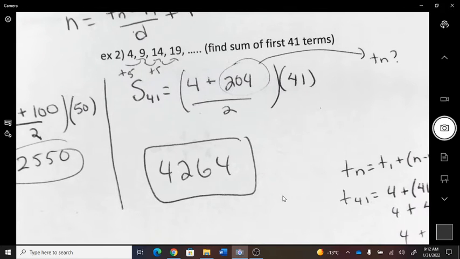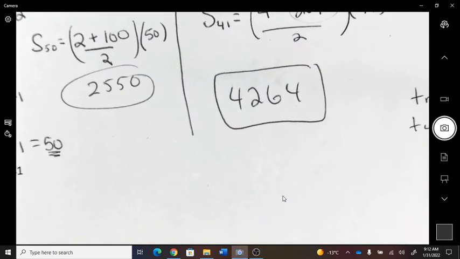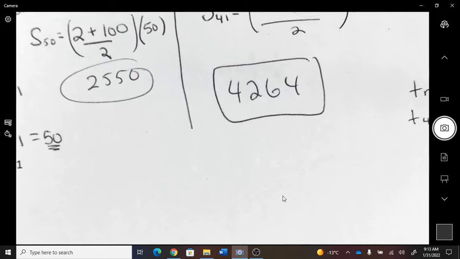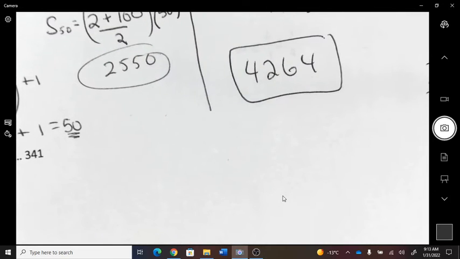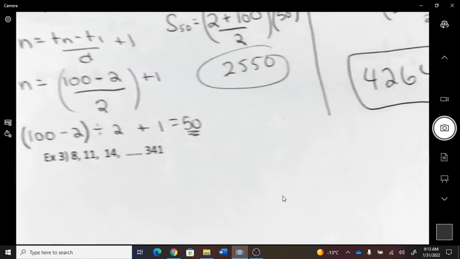Match. 4264. The matching. Okay, last one.